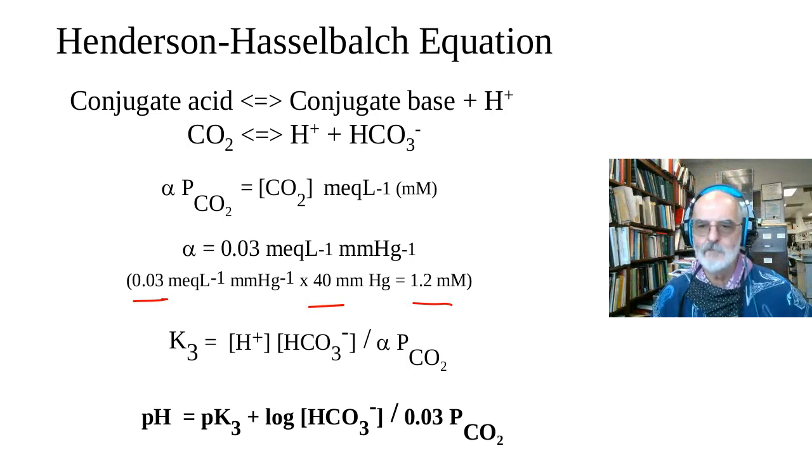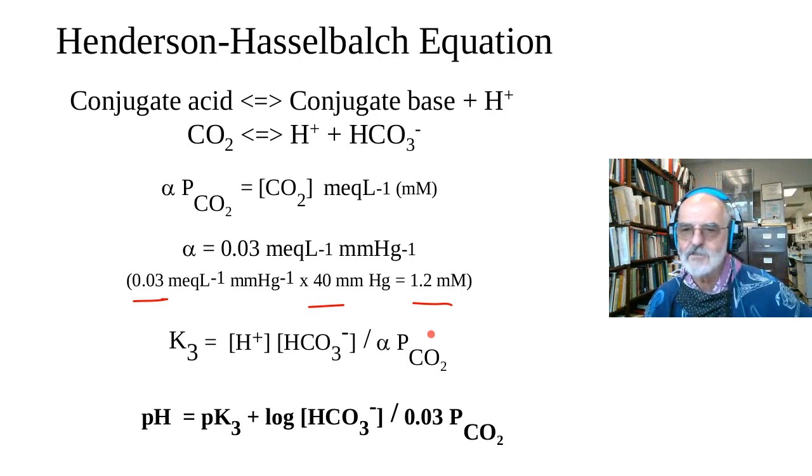So this is telling you normal values of CO2: normally 1.2 millimolar, normally 40 millimeters of mercury. In the Henderson-Hasselbalch equation, we now convert concentration to alpha times partial pressure, 0.03 times partial pressure.